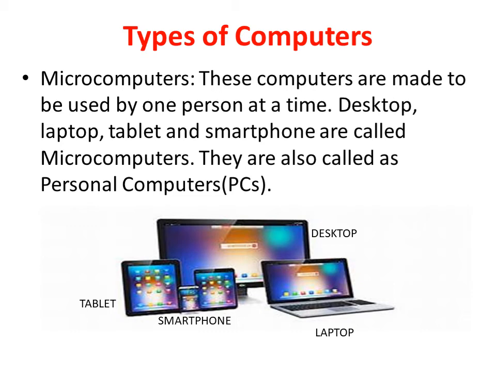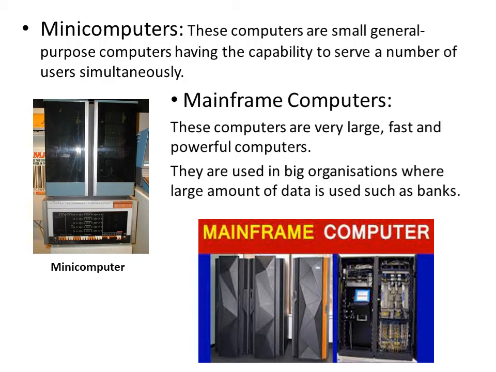Okay. Next type is mini computers. These computers are small general purpose computers having the capability to serve a number of users simultaneously. Mainframe computers. These computers are very large, fast and powerful computers.